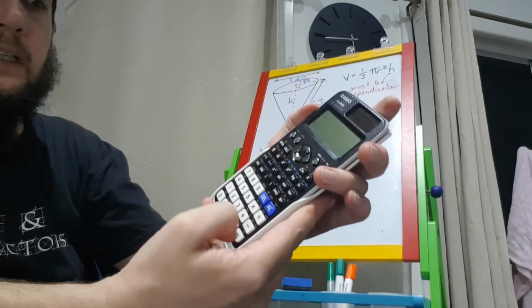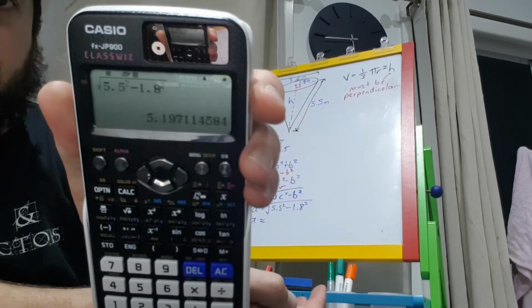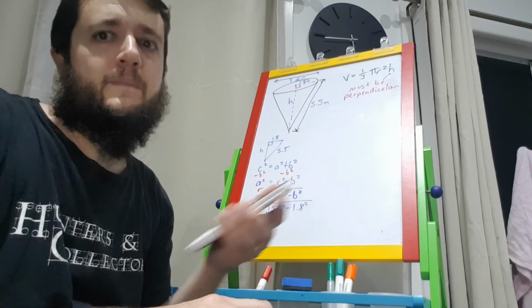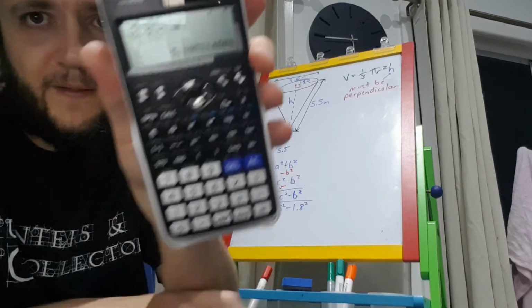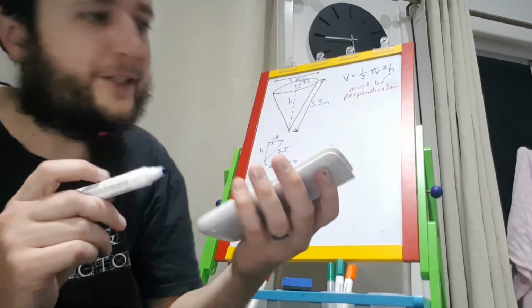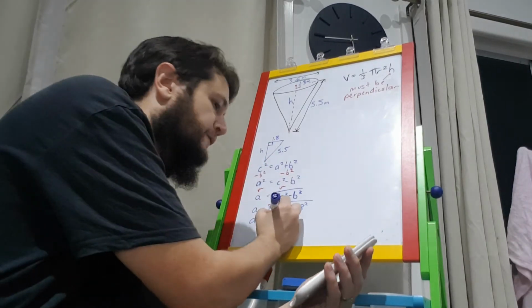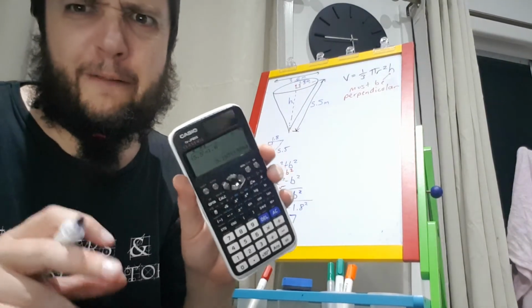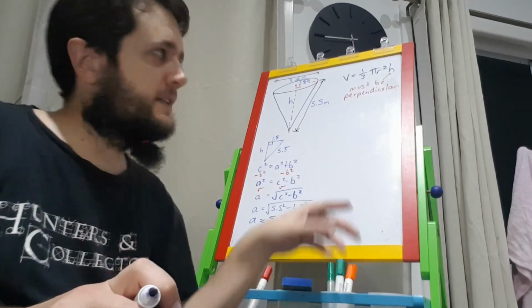Put that in our calculator, gives us about that. I'm going to take it to 3 decimal places, 4 significant digits, and I'll get 5.197. I'm particularly cautious about making that value accurate because I know it's got to plug into here.